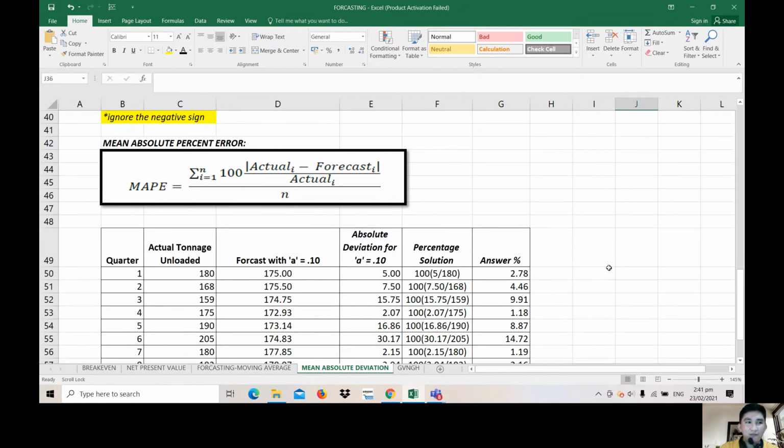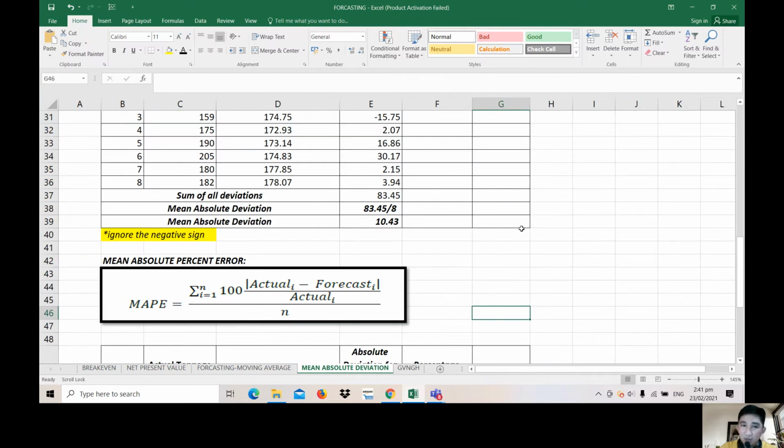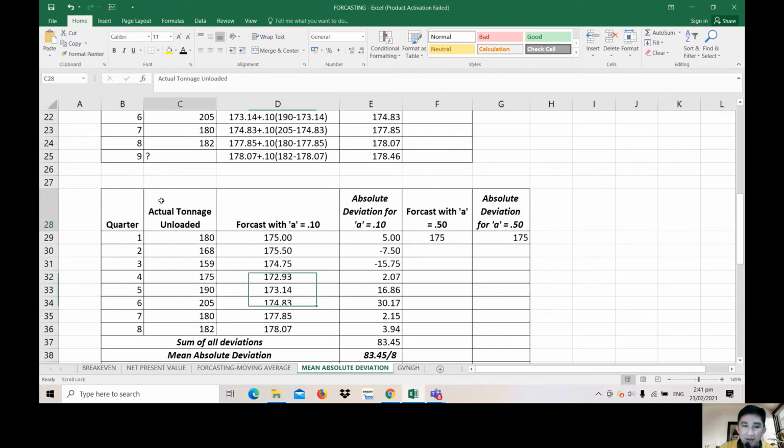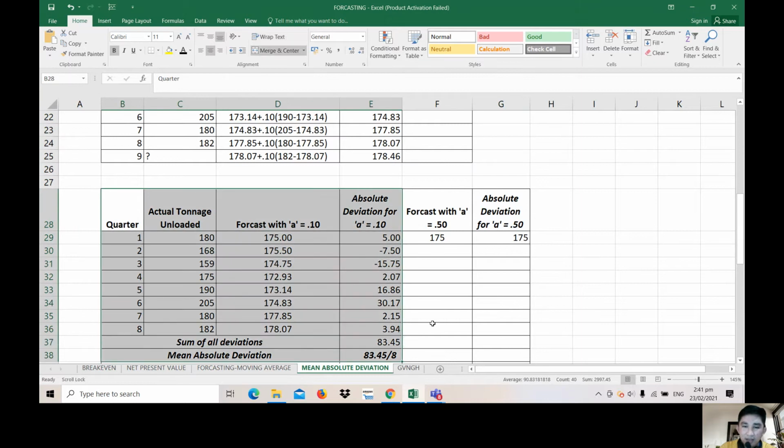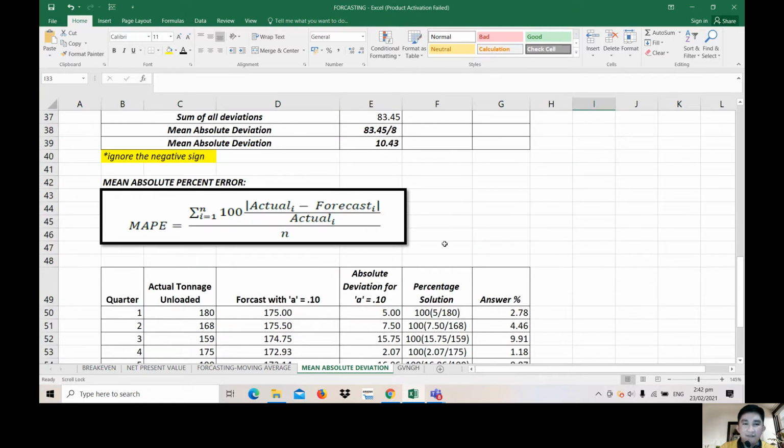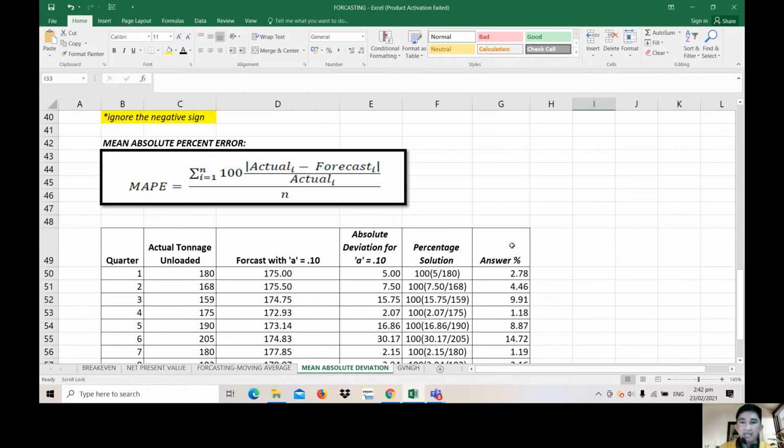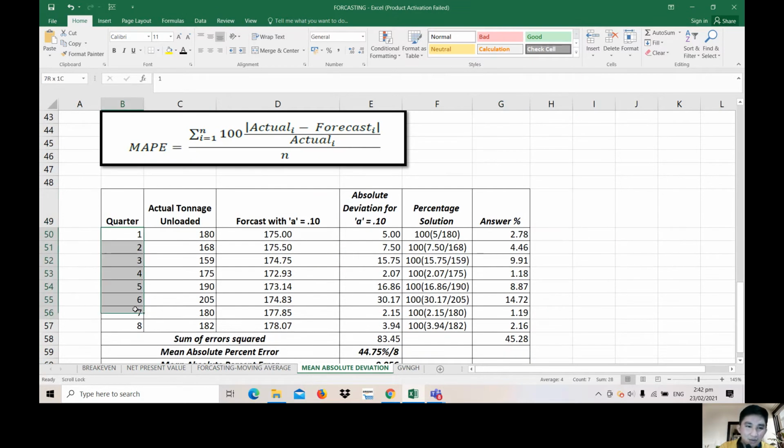Now, what about if we are going to solve, sir, mean absolute percent error? So we are going to use pa din this data we have above. So kaya lang, i-convert natin siya into percentage. So ganun pa din, actual less forecast over the number of periods. So we have quarters 1 to 8.